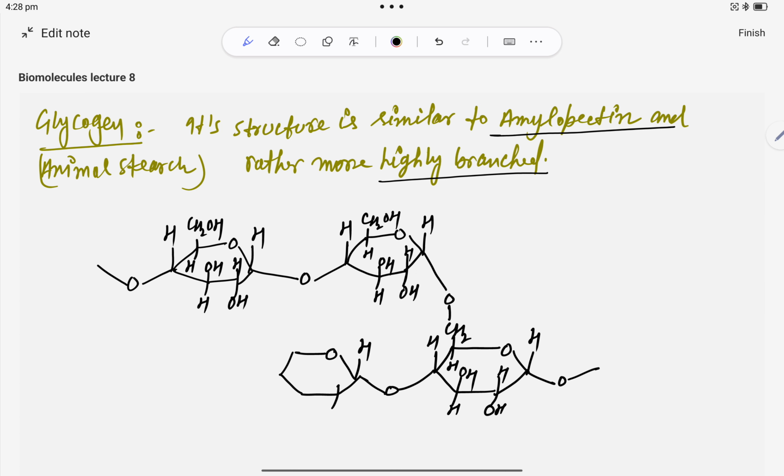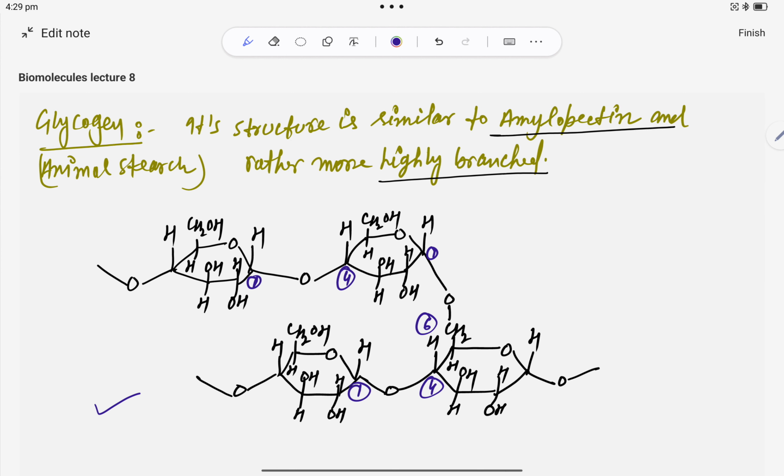See children, once again, here carbon number 1, carbon number 4, carbon number 1, carbon number 6, carbon number 4, and carbon number 1. So it is more highly branched as compared to amylopectin, and this is your glycogen.